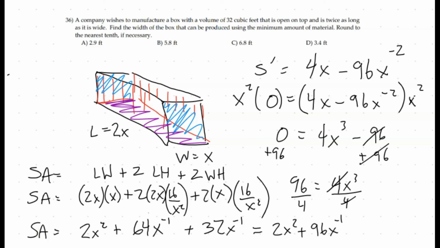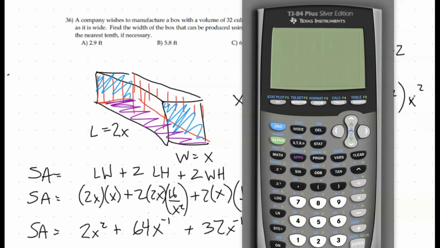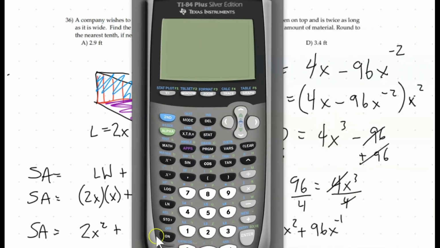So what we're really looking for here is the cube root of 96 over 4.